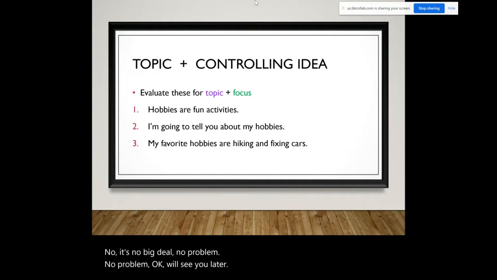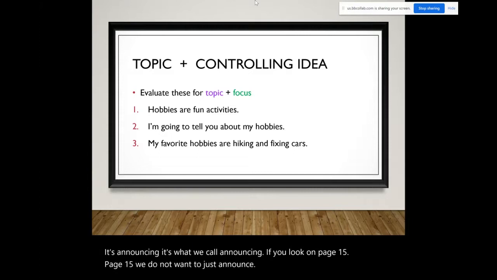Okay, so let's talk about this. We've got number 2. I'm going to tell you about my hobbies. This one is still not a good topic sentence because it's announcing. It's what we call announcing. If you look on page 15, we do not want to just announce.